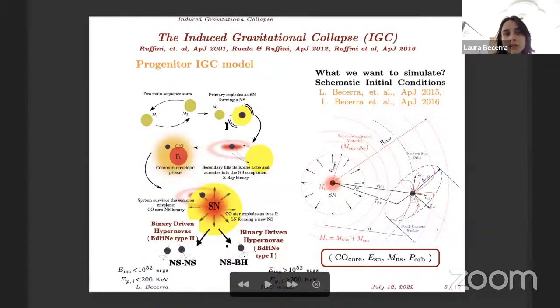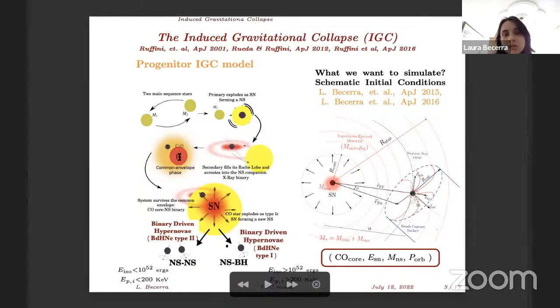If these two stars remain bound, they will interact with each other through phases of Roche lobe overflow and common envelope phases. In this way, the main sequence star will lose its hydrogen and helium outermost layers, and the system will be formed by a carbon-oxygen core and the neutron star.